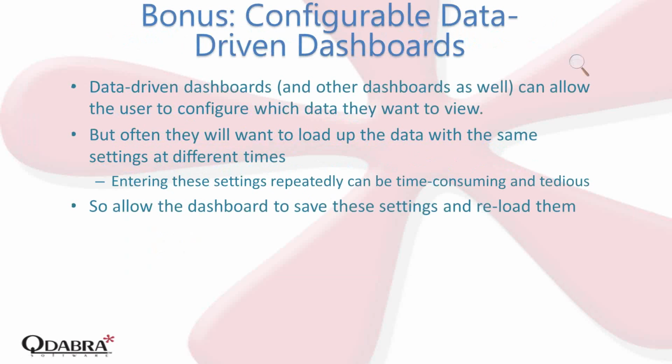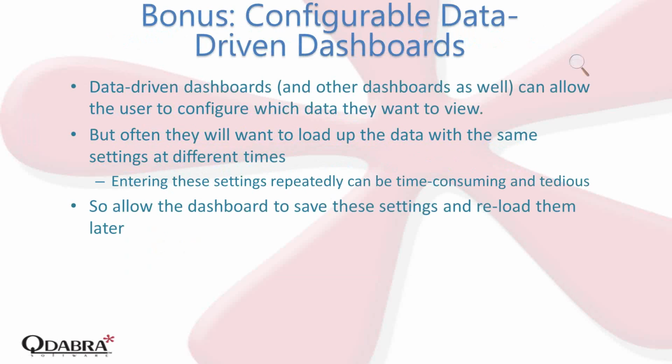Now, you can take that one step further. Once you've got this dashboard that loads up the data and shows it in columns, you can give the user the ability to configure which columns they want to see, for instance, and things like that.